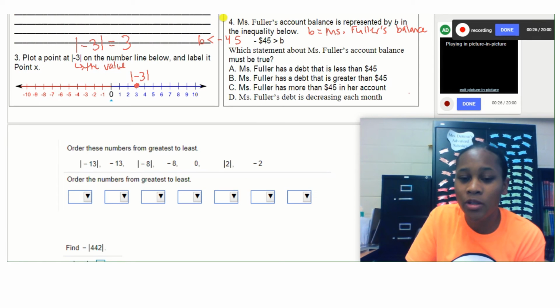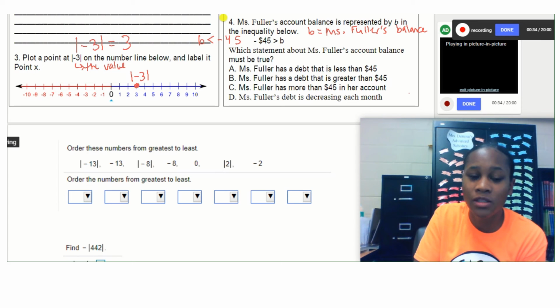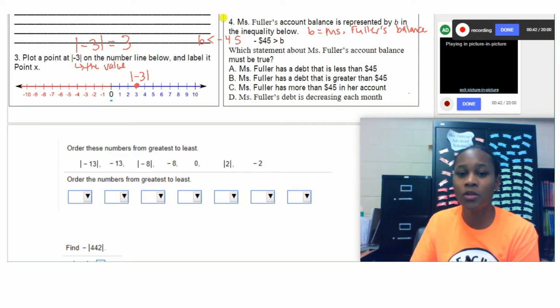It's lower than $45, which means that it's a debt that's greater than $45. If the actual number is lower than $45, the debt is greater, because remember, debt is a negative value, so you want to use absolute value to represent the number.